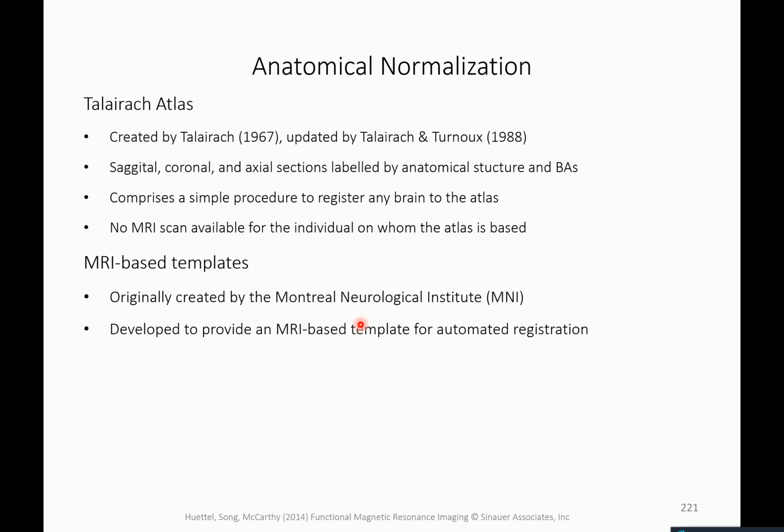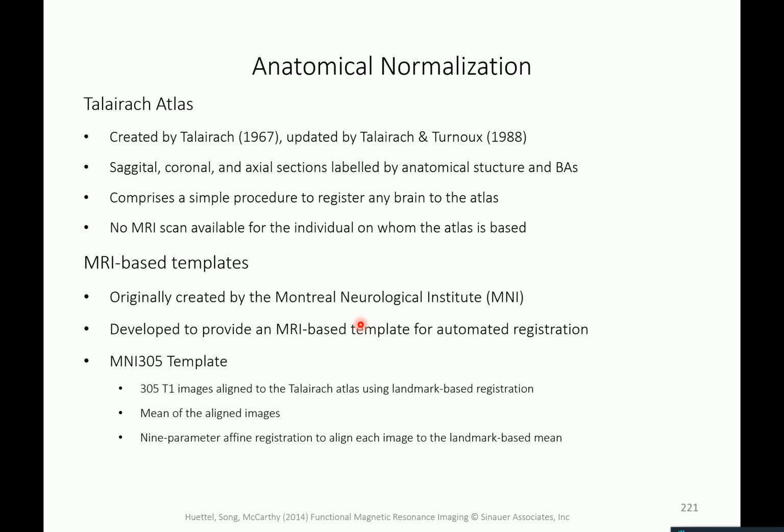So you need a T1 image, and then you have your own image of a participant, and then you somehow need to morph your own image into this. And if you morph all of your own images based on your participants into the one that is MNI based, then of course all of them are kind of normalized the same way, because they are all normalized with respect to a specific image. So these MRI-based templates, this is how this whole thing is related.